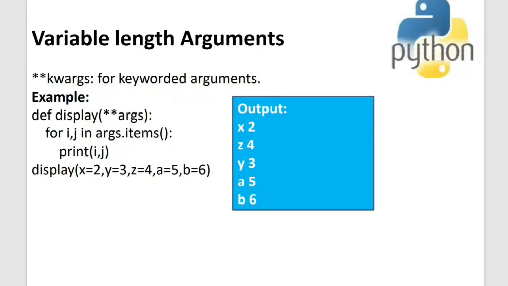I have a display method, which is just iterating through the keyword arguments that I have given. This is the function call. I said display x is equal to 2, y is equal to 3, where the arguments are not normal arguments, it is a keyword argument.